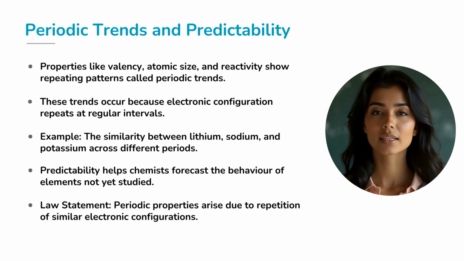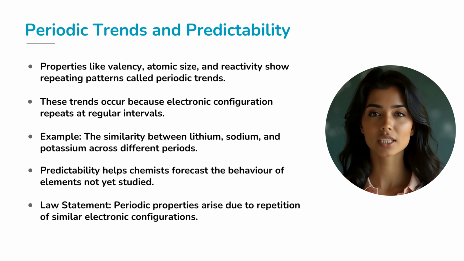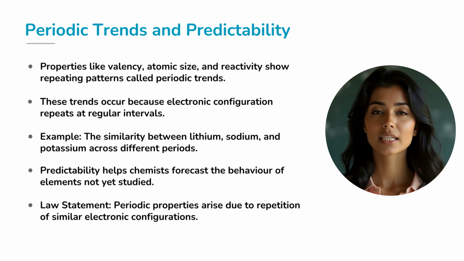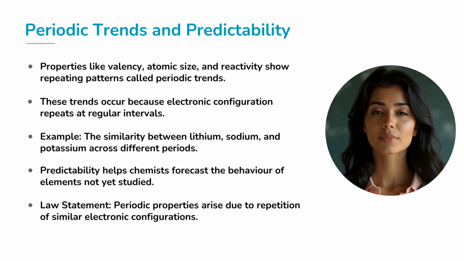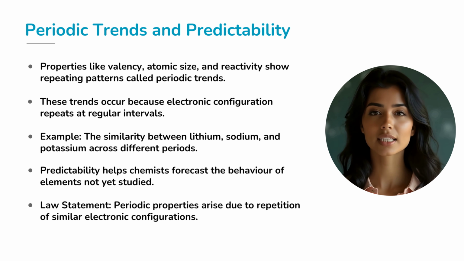For example, lithium, sodium, and potassium, though far apart in the table, all have one electron in their outermost shell and hence show strikingly similar behavior. This predictability means that if we discover a new element, we can guess much of its behavior just by placing it correctly in the table. Isn't that the kind of foresight every chemist dreams of?